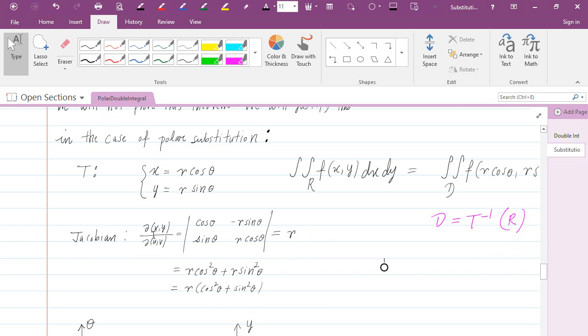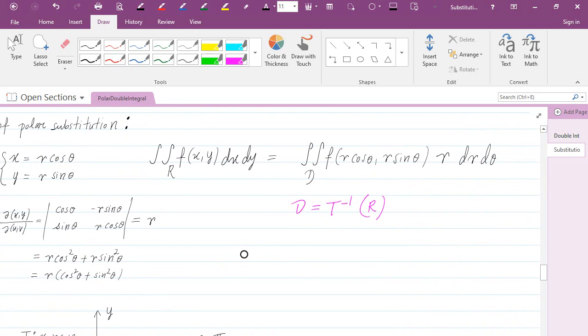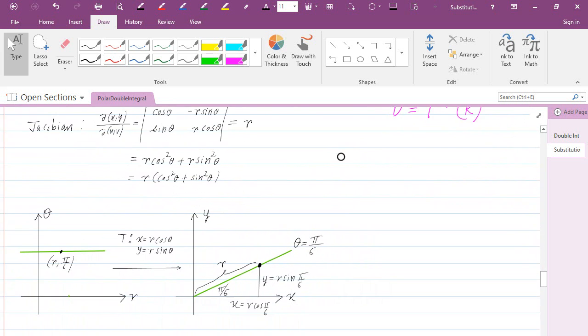For this polar transformation, we assume that r is non-negative, and so the absolute value of the Jacobian is also r.